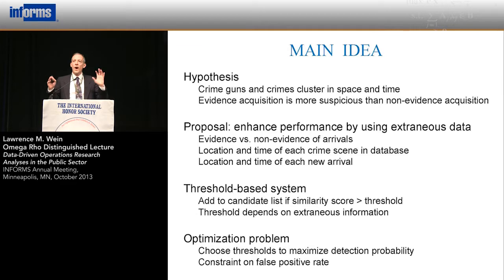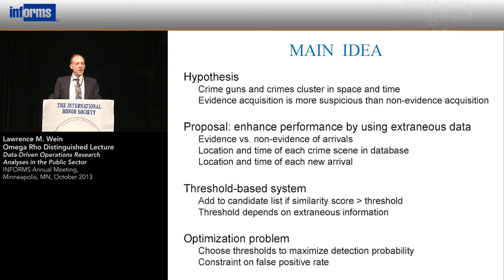So what are we studying here? The main hypothesis is that crimes, and therefore crime guns, cluster in time and in space. Another hypothesis is that evidence you get at a crime scene is more suspicious than evidence you would find from a gun that wasn't at a crime scene.